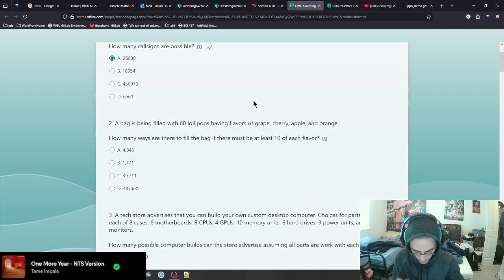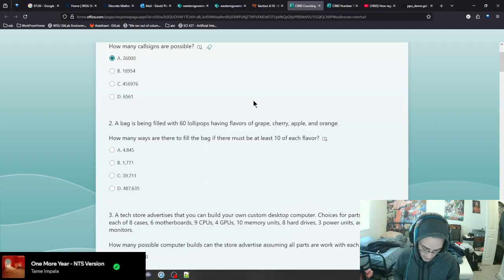Okay, let me write that down. So we got 4 bins, and 60 indistinguishable balls. Alright.